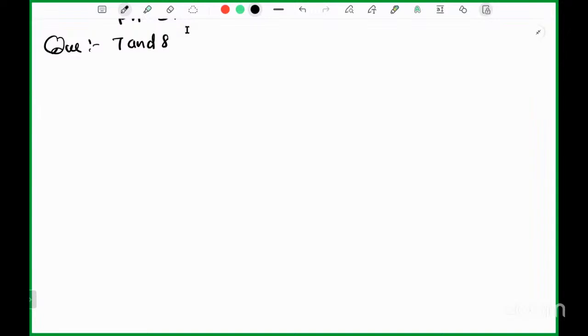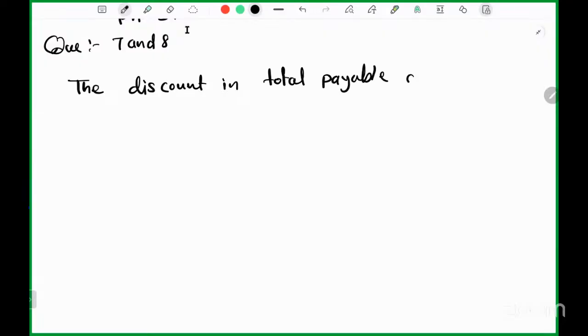Okay. So first of all, they say that the discount in total payable amount is mn%. What is this mn%? We will figure it out. So mn% is if the number of products bought at a time is n.